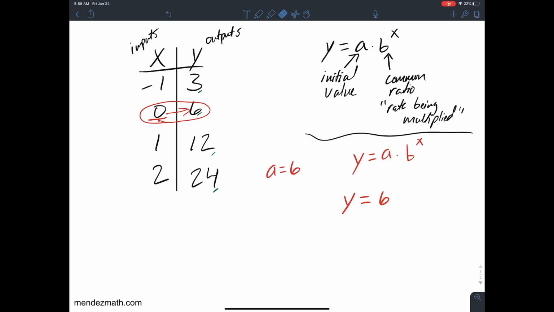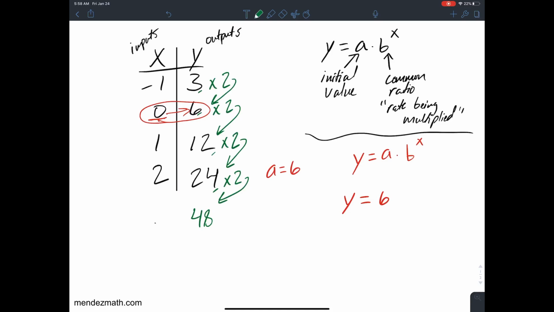And I also told you it's multiplication. So 3 times what will give us 6? Times 2. 6 times what will give us 12? Times 2. 12 times what will give us 24? Times 2.